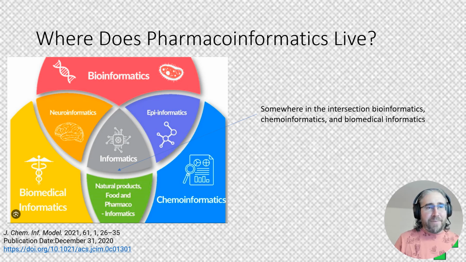So we have bioinformatics on the top, which involves using computer technology to collect, store, analyze, disseminate biological data and information, such as DNA and amino acid sequences, etc. Going clockwise, we have another big domain, chemoinformatics, which focuses on storing, indexing, searching, retrieving, and applying information about chemical compounds, whether it's physical properties or spectroscopic signatures.